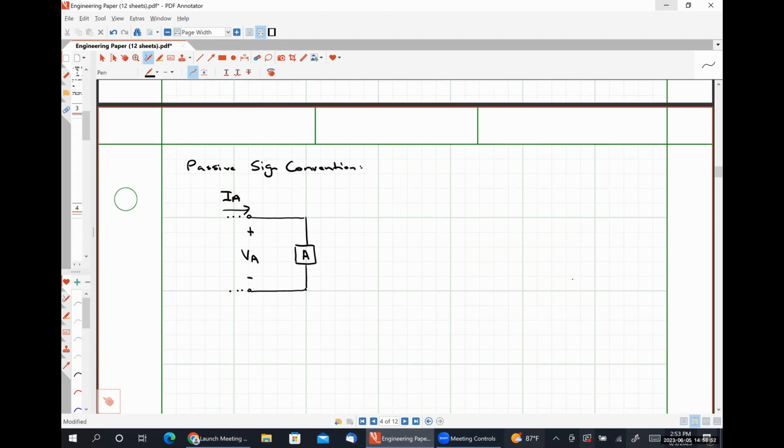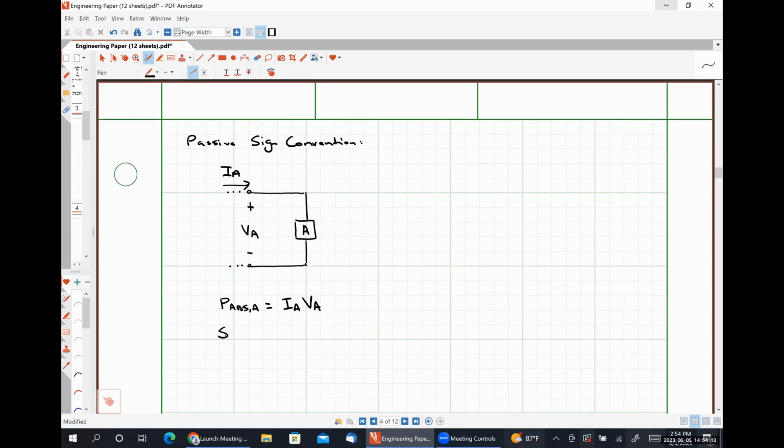In this case, where the current is flowing into the positive polarity terminal, the power absorbed by element A is IA times VA, and the power supplied by element A is negative IA times VA. Okay.